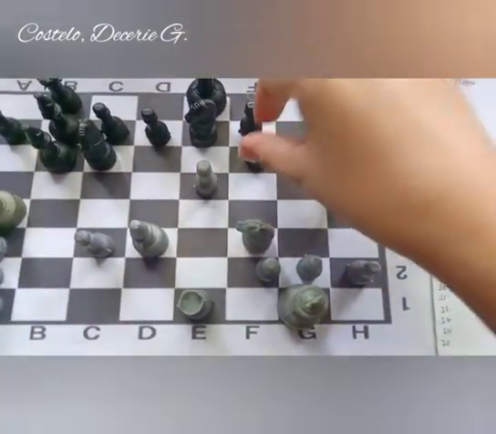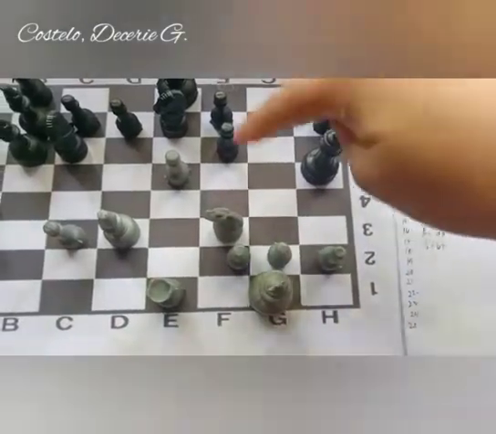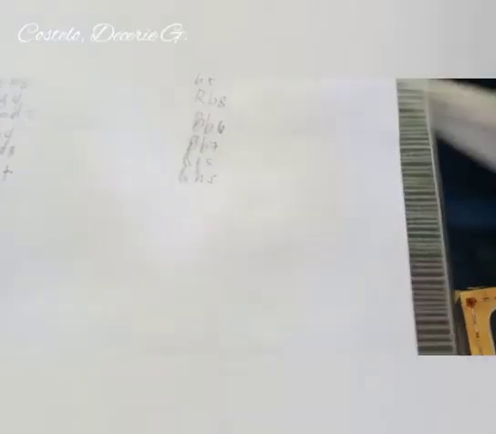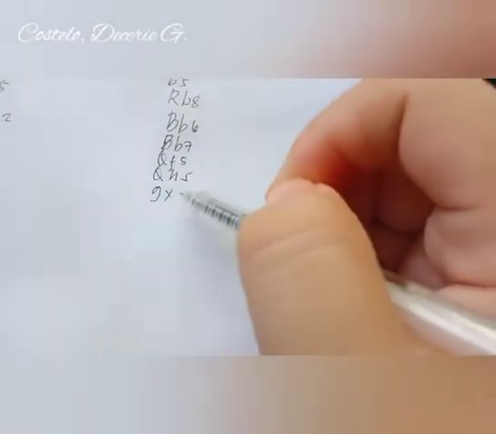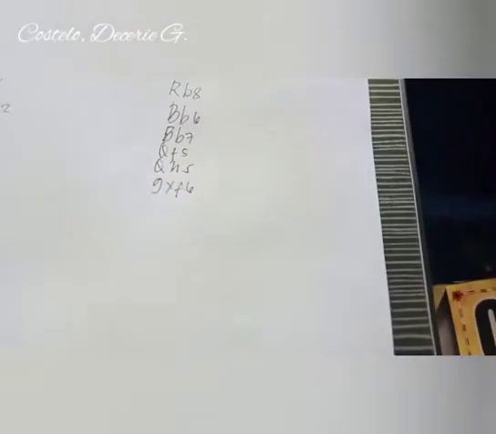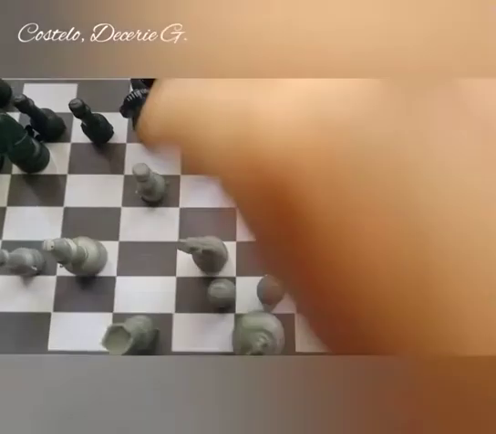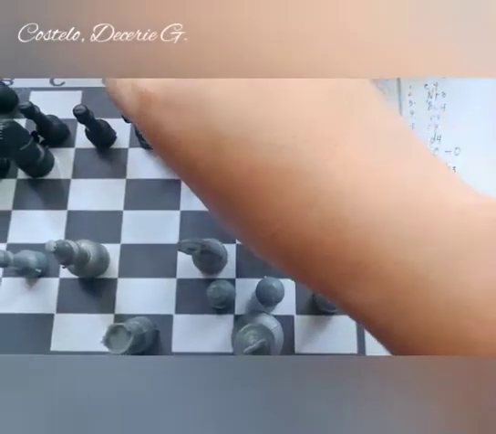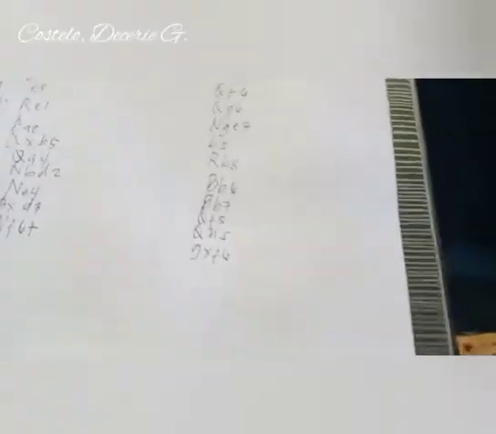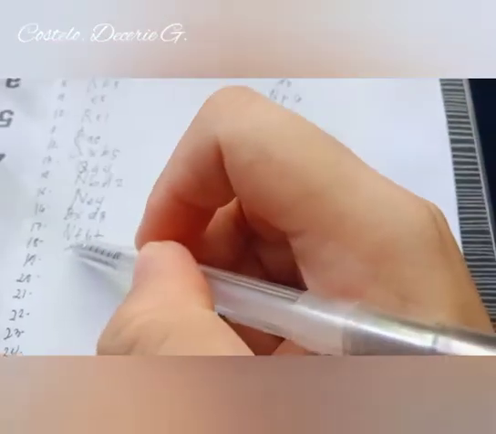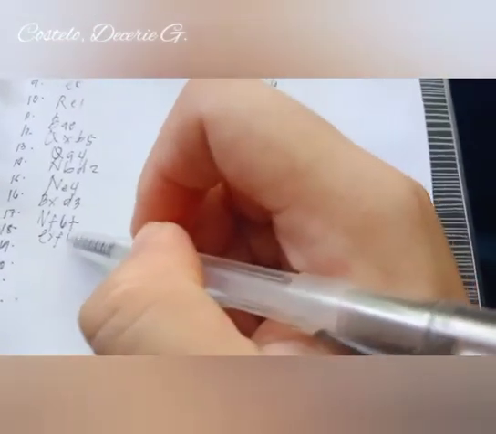The pawn on dark side captures f6. So we're going to write g, small g, x, f6. The white pawn captures f6. So e, x, f6.